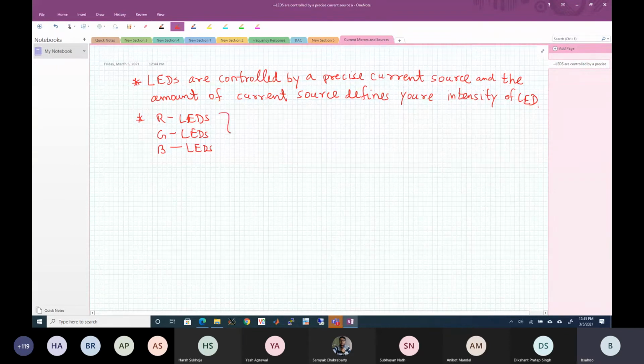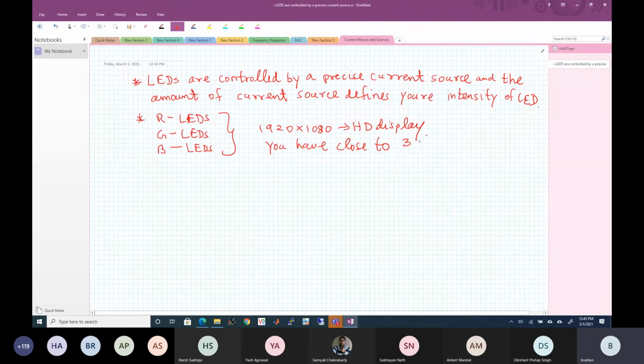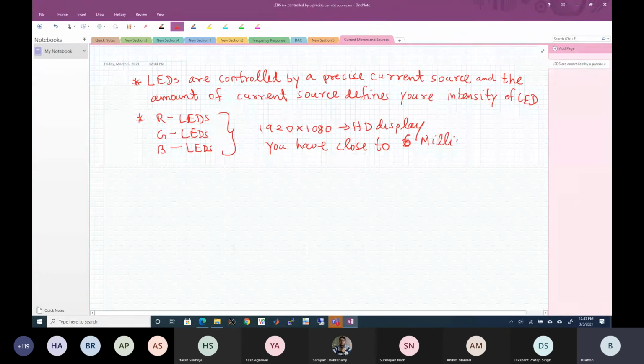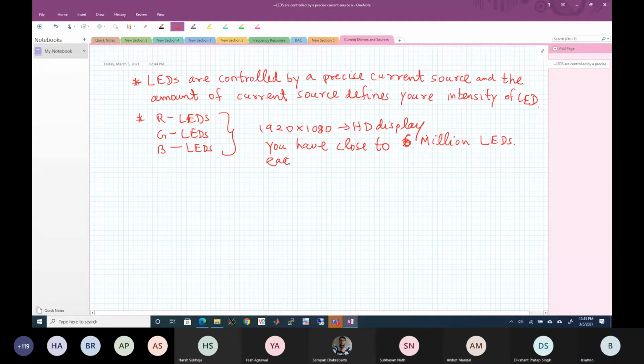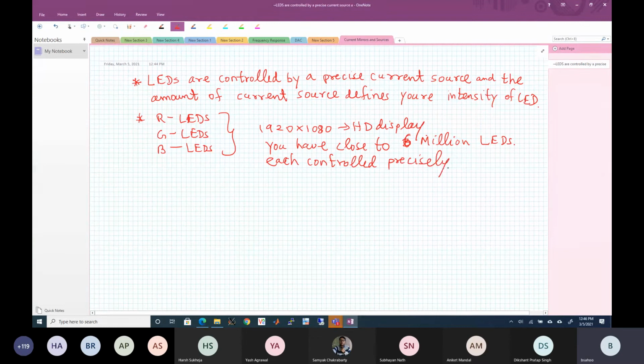And if I have a display whose size is 1920 cross 1080, which is an HD display, you have close to 6 million LEDs, each controlled precisely. And that defines the cost.